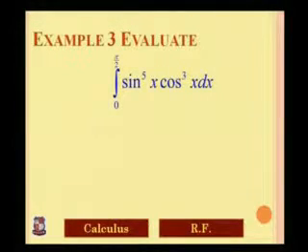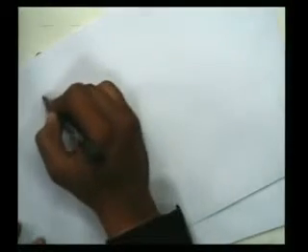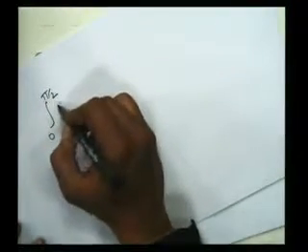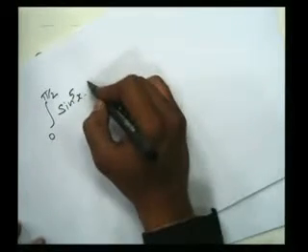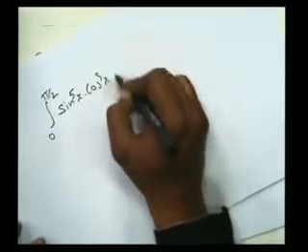Similarly, we have one more example in which both the integers are odd. Just look at the example: integral 0 to pi by 2 of sin raised to 5x into cos cube x dx.